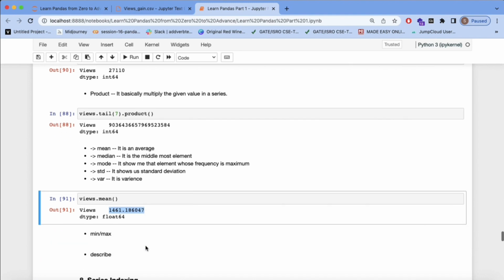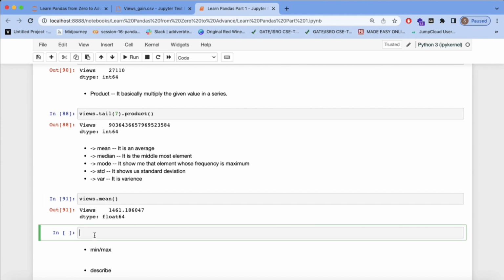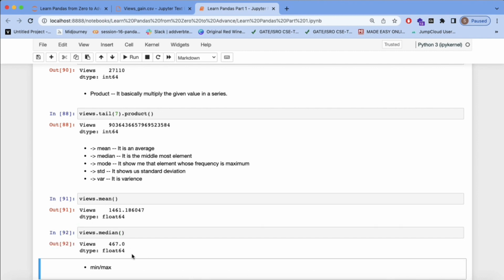Okay, the second is median. If I do views.median, then it's 467. What does median do?